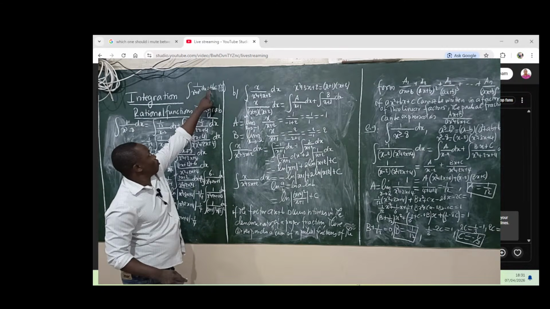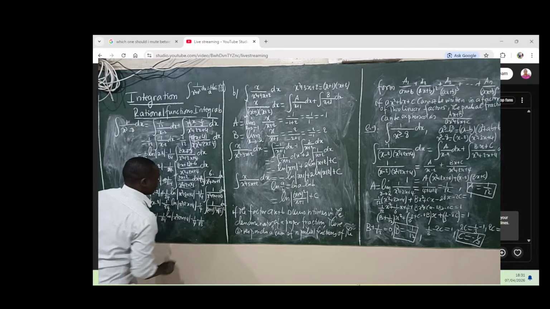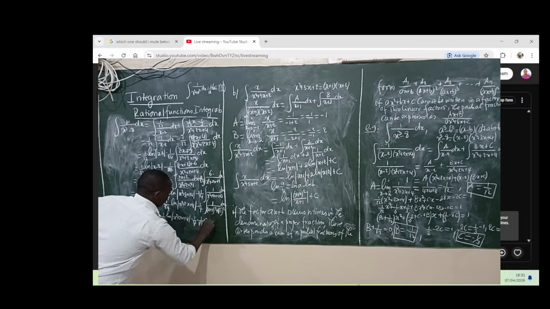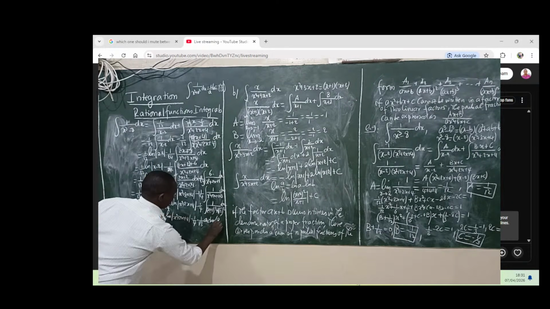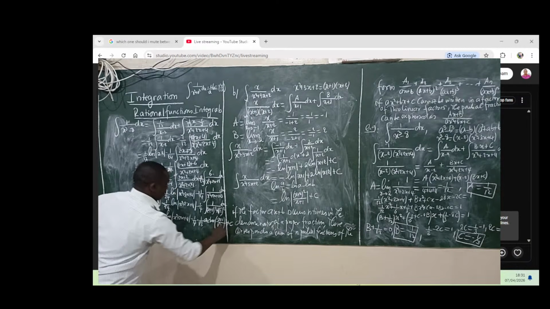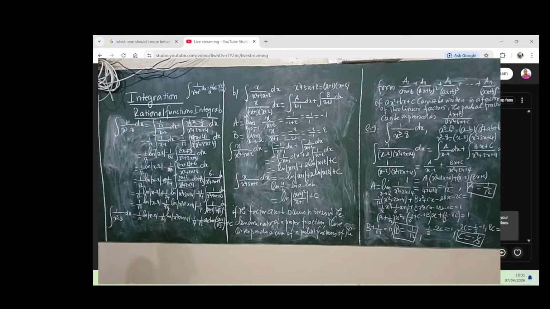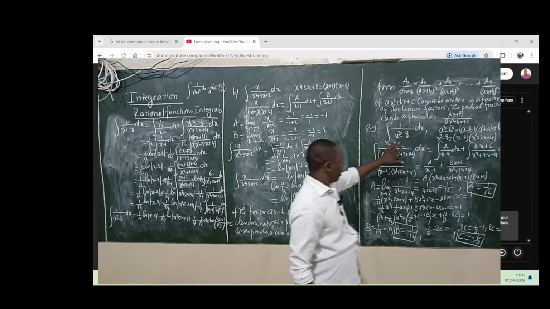This is 1 by the square root of 3 times arctangent of x plus 1 by the square root of 3, plus a constant of integration. So here is the integral of the reciprocal of x cubed minus 8.